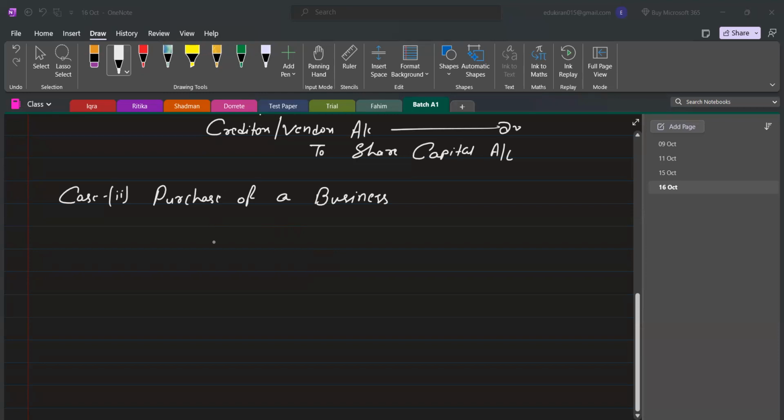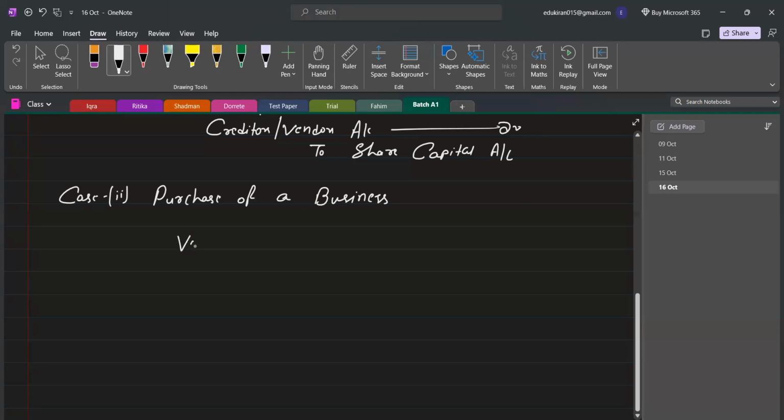Okay. So same as we have taken the assets, the entry was assets account debit to creditors. But here in this case, this is business. So we cannot write creditors. We will write vendor.